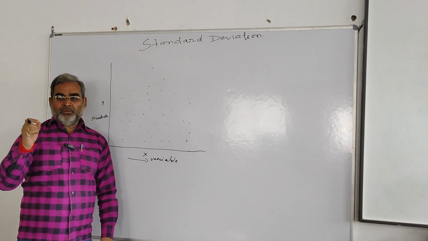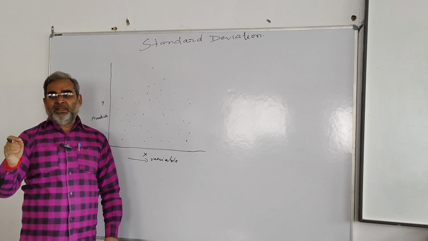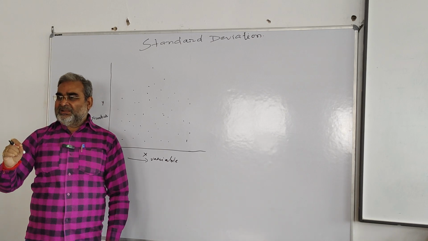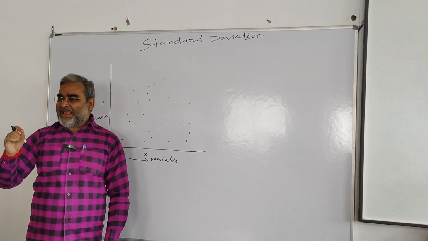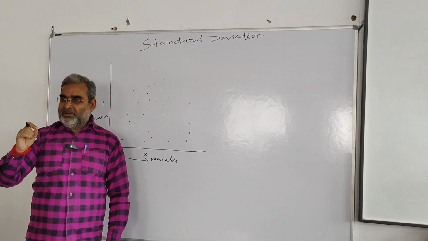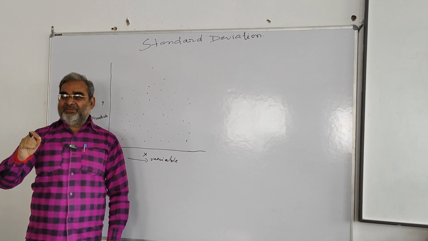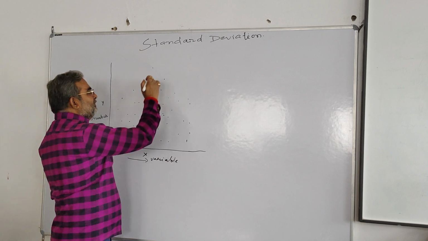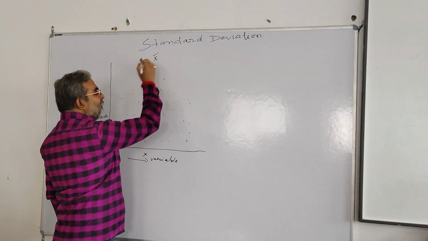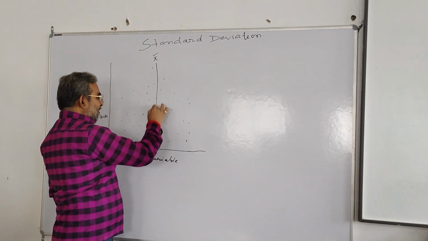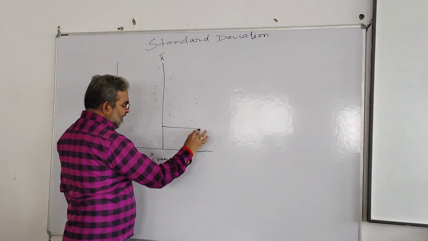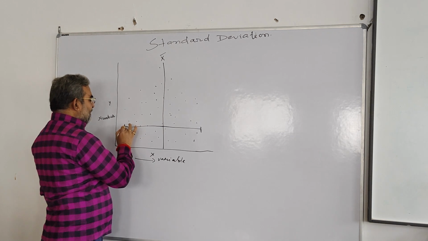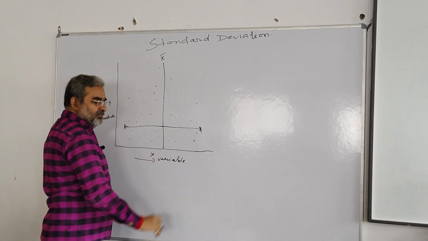So you should determine a common digit which represents the central value, as well as the number represents deviation from the central value. That central value is mean, and this one is the total deviation in positive and negative direction.